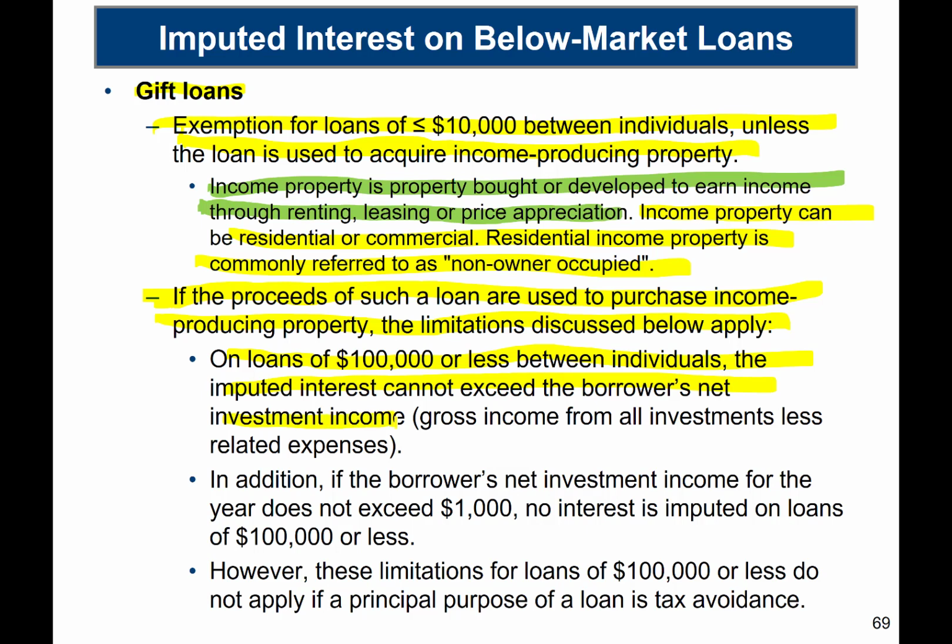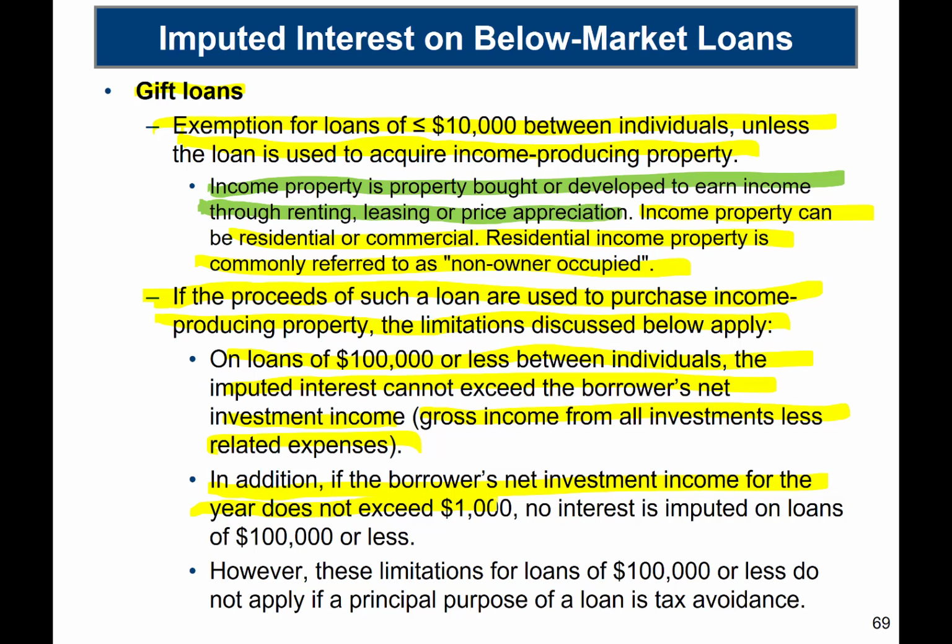Now, when we talk about investment income, we're talking about amounts that are invested in stocks, in savings accounts, those sort of things. We're not talking about the income from a business, so we don't consider that investment income. So it's basically all investment income less related expenses is the net investment income. Now, in addition, the net investment income for the year does not exceed $1,000.